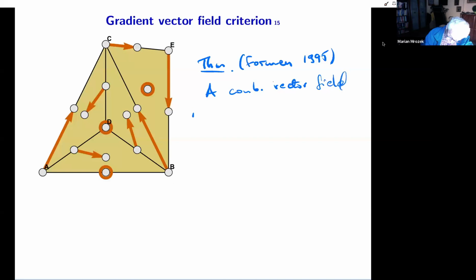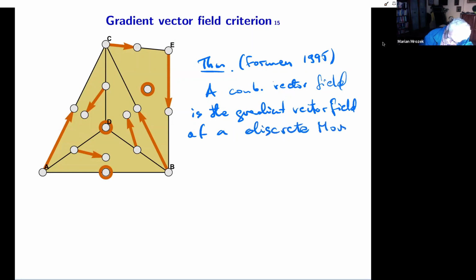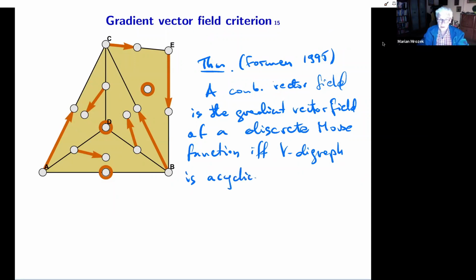So this vector field is the gradient vector field of a discrete Morse function if and only if this VD graph is acyclic. So not this one, because here we have a cycle in this directed graph, yes?